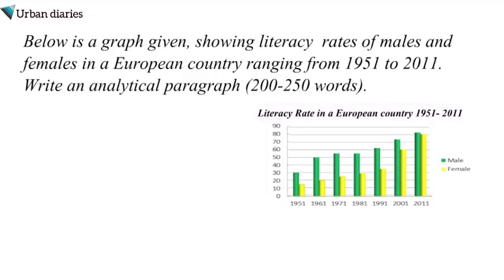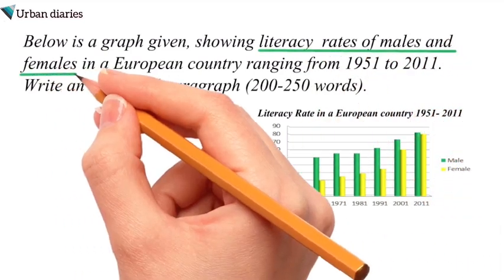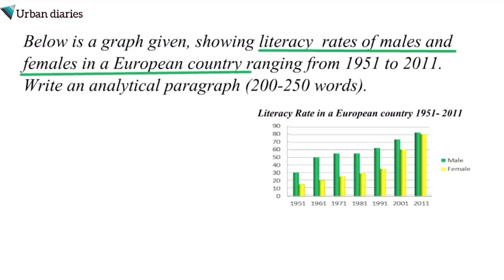To start with the introduction, we need to write about the information we see through this bar graph. It is very much clear that in this bar chart we are talking about literacy rate of male and female population in a European country. So here is a trick to write the introduction. Whatever is written in the question, the same thing you can write in your introduction.